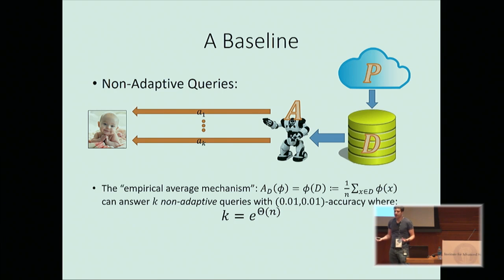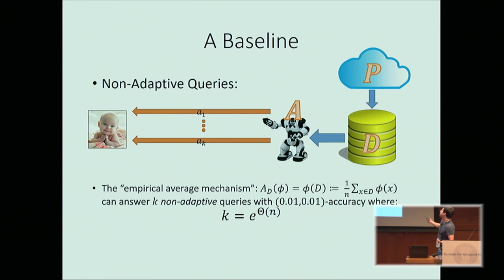Well, in this setting, there's an obvious statistical estimator to use, right? I'm trying to estimate from data the expected value of some predicate. Well, the empirical average is an unbiased estimator of this quantity. And because the data is drawn IID, its mean is concentrated around the true answer.